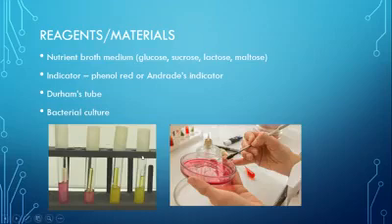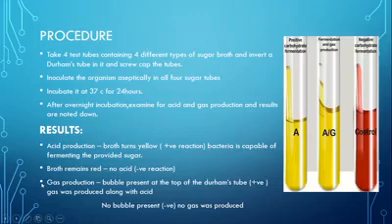The next step is that the test organism is inoculated into these test tubes separately, and we need to take aseptic measures again, including sterilization of the inoculating loop, so that we don't contaminate any of these tubes.